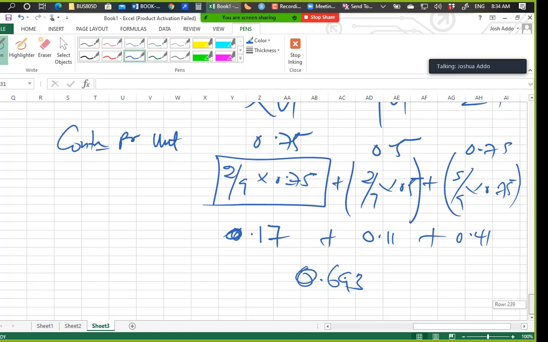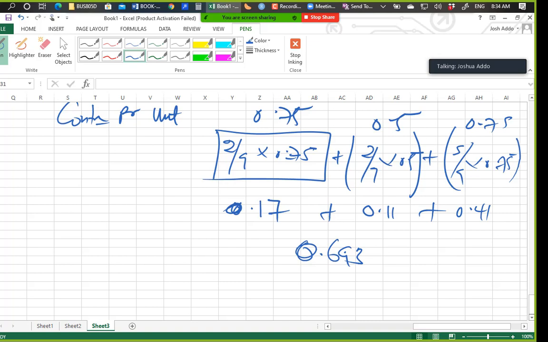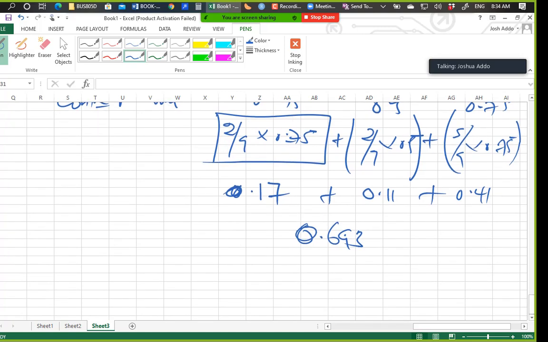Another way of calculating this weighted average, I just wanted to show you this because we are learning. The simple way is that you have already calculated the contribution of the bag from the earlier calculation, which was each product's contribution multiplied by the quantity going into the bag.